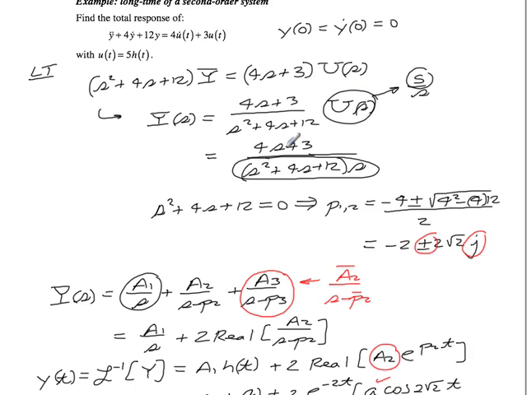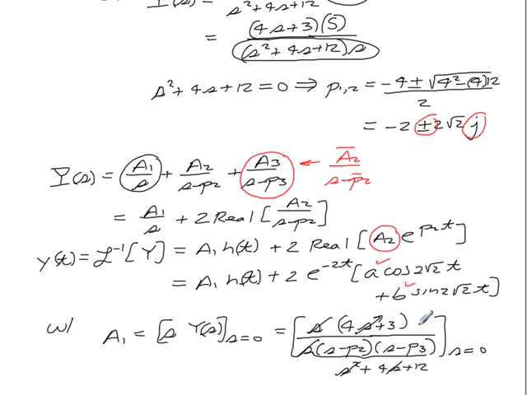There was a 5, so this gets multiplied by 5, and therefore there's a 5 here.